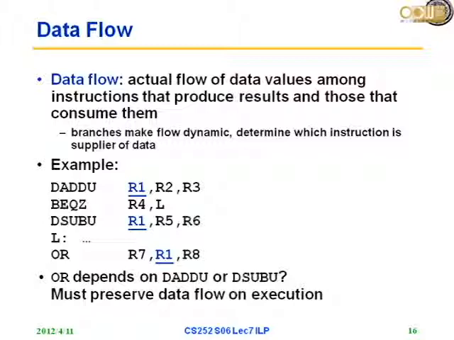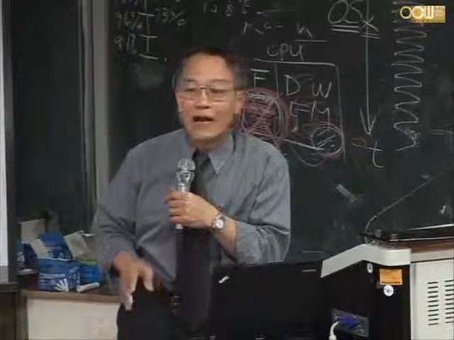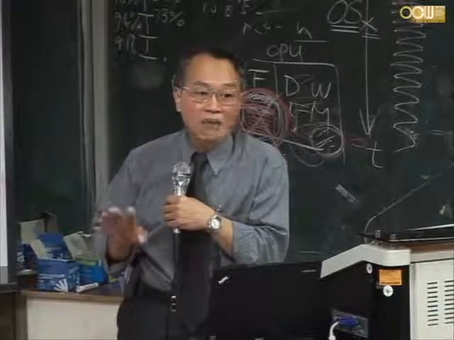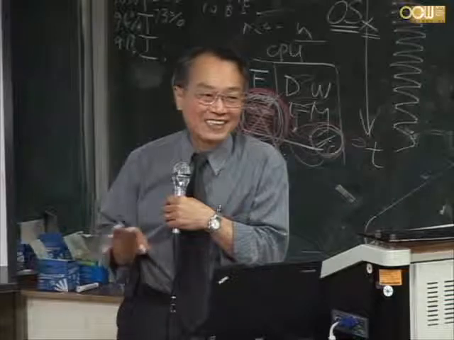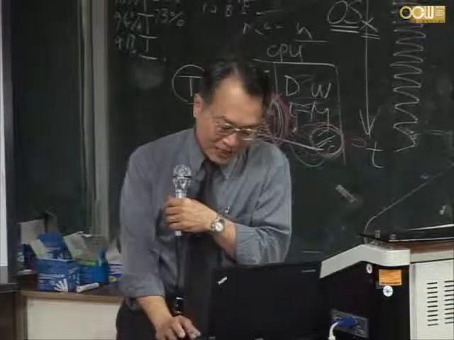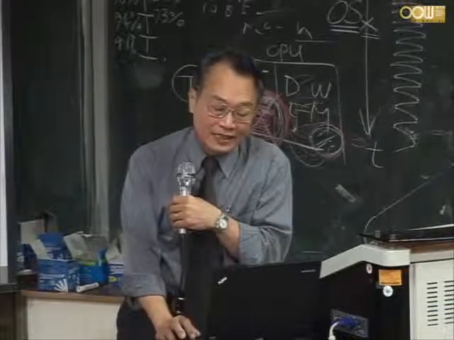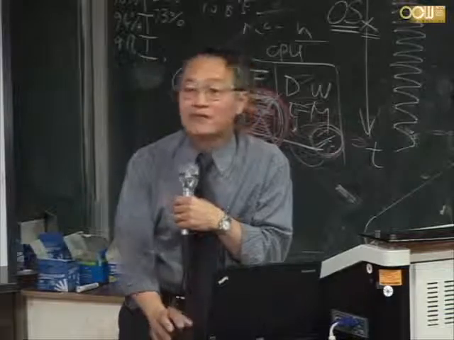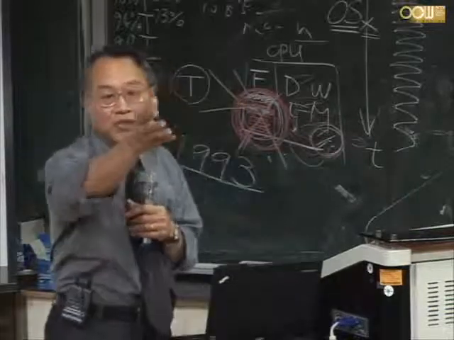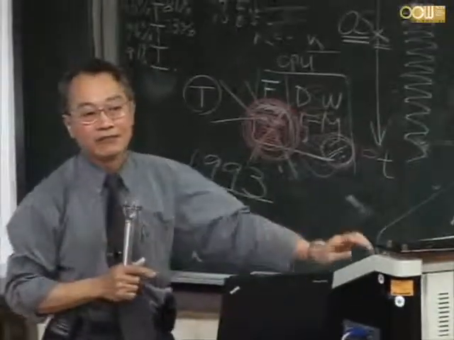So when you talk to compiler people, or when you talk to the architecture people, you might use different vocabulary. You understand, using the right vocabulary is very important in your professional career. Yes?